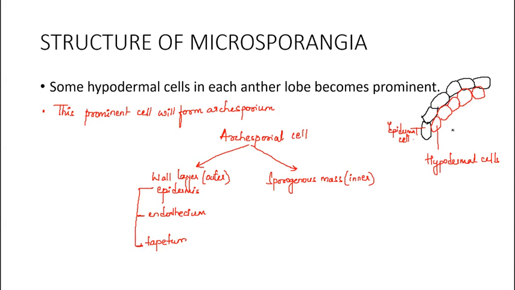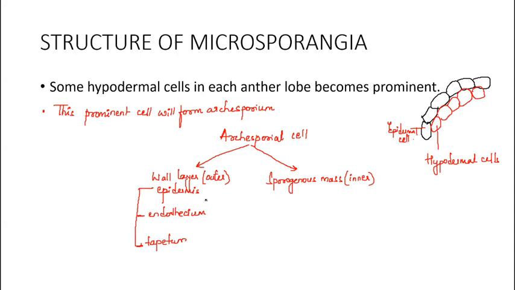Among these hypodermal cells, some cells will grow and become prominent. This prominent cell will become what? It will become the archesporial cell. This archesporial cell will then divide into the outer anther wall and the inner sporogenous mass.